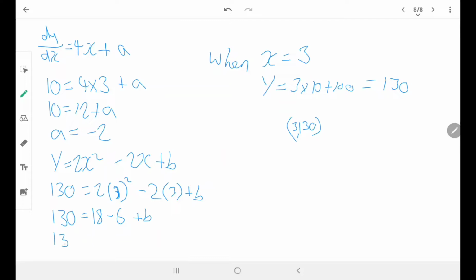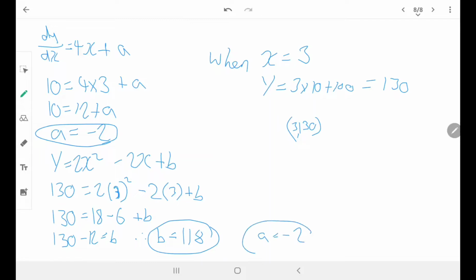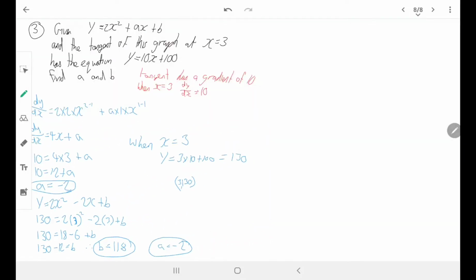So 130 minus the 12 equals b, and therefore little b equals 118. So now we've worked out what b is, and we've worked out what a is. A equals minus 2. And that's the whole thing.